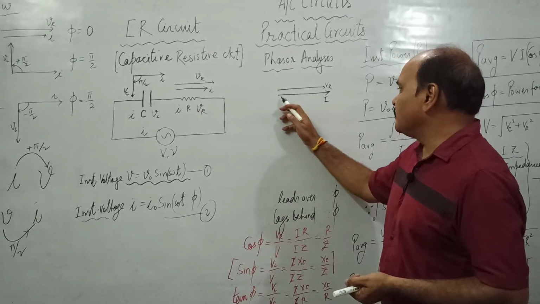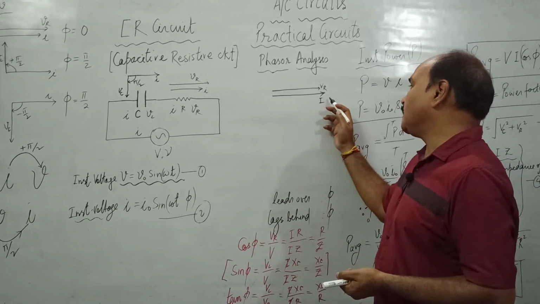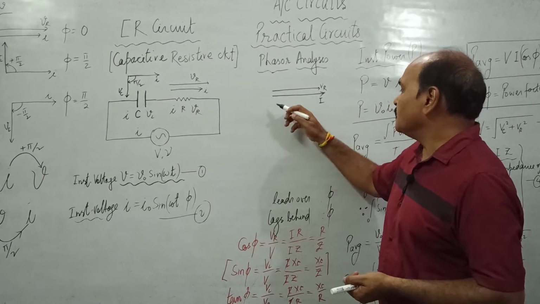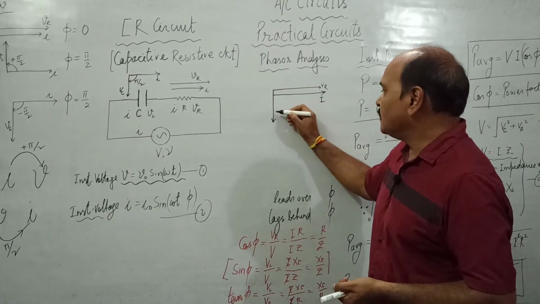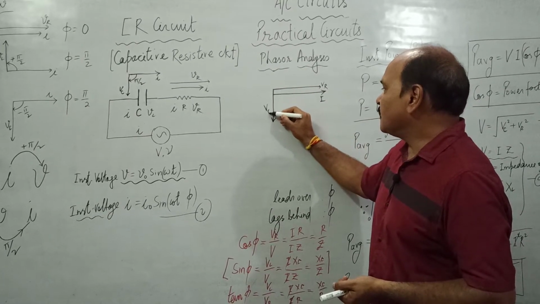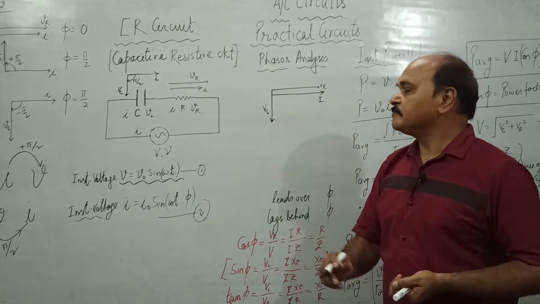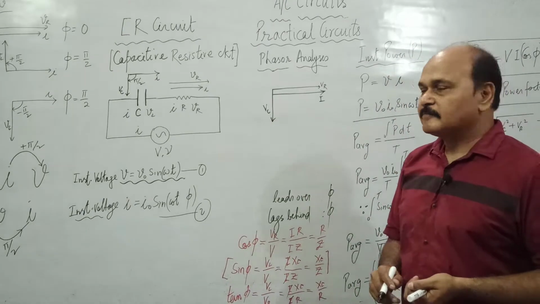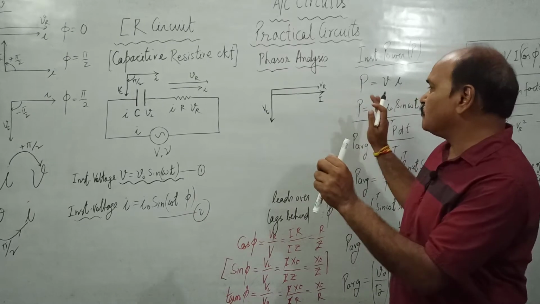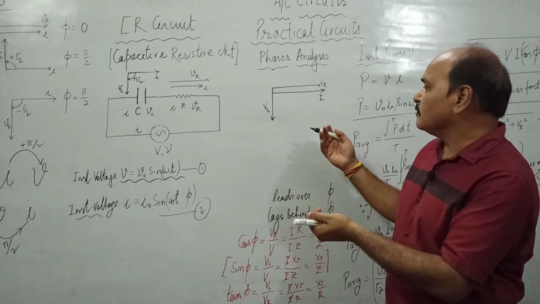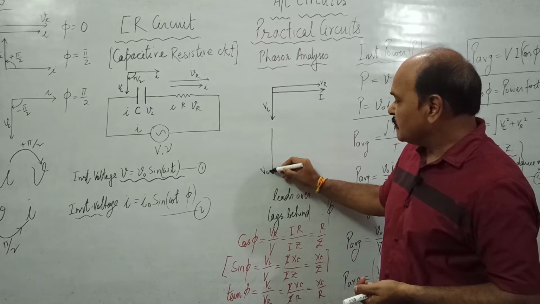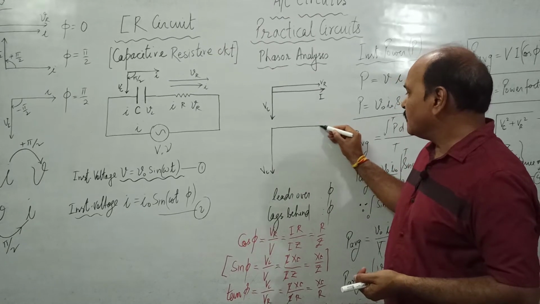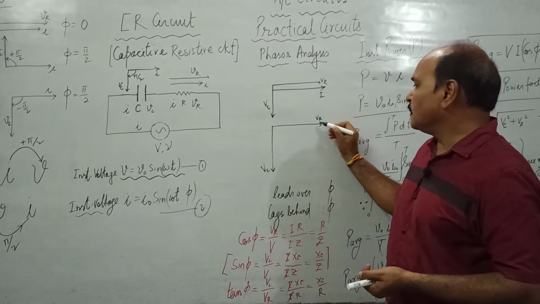If this is the same current through the capacitor, then where is voltage? Voltage across the capacitor lags behind current by phase 90 degrees. Now when we draw all phasors together, what do we know? We come to know that VC and VR are what?